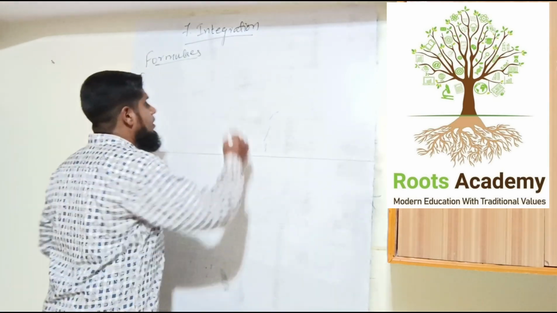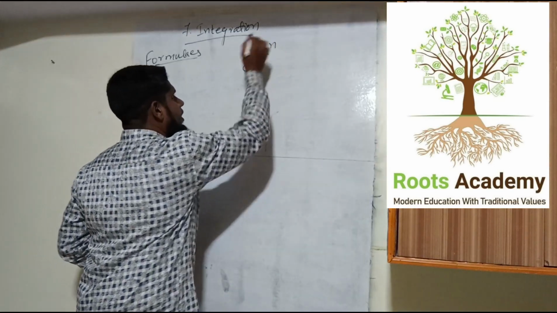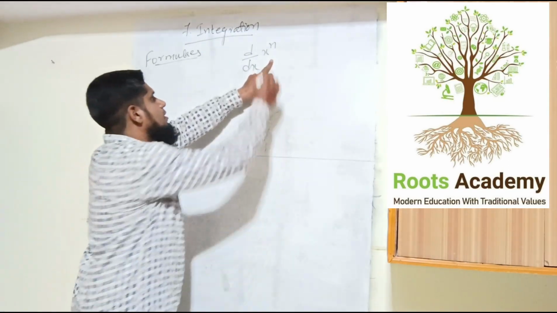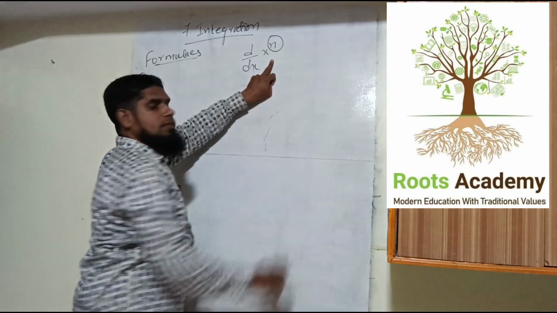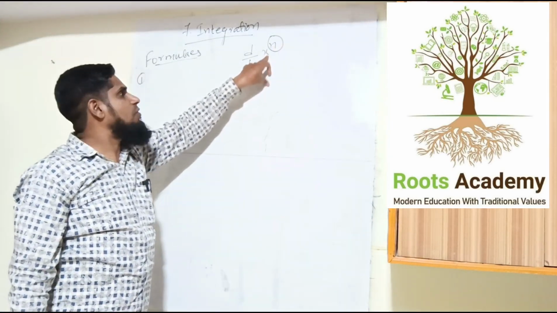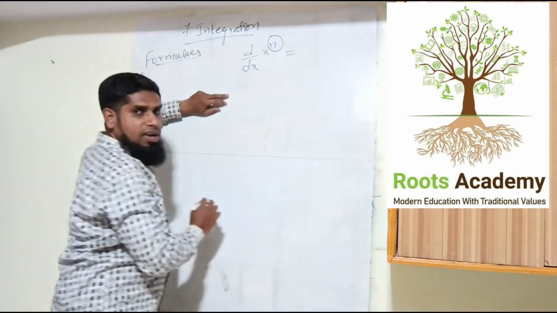How is it reduced? Suppose you are taking the derivative of x power n. Here n represents the power of x, the order or degree of x.